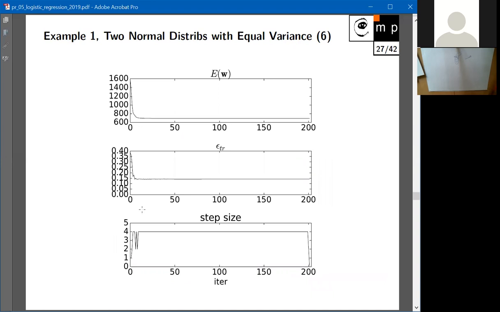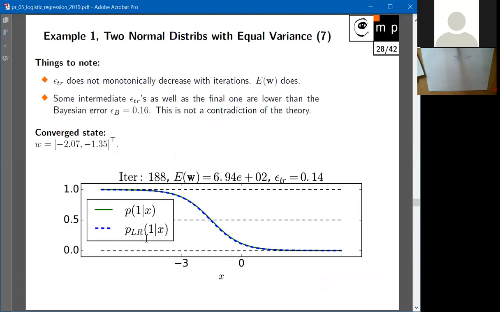And these are just some observations. The energy is monotonically dropping. The error on the training set dropped fast, but you see it's not monotonic, and the step size was oscillating. In the end, we get a training error of 14% on the training set, and the Bayesian error is 16%.